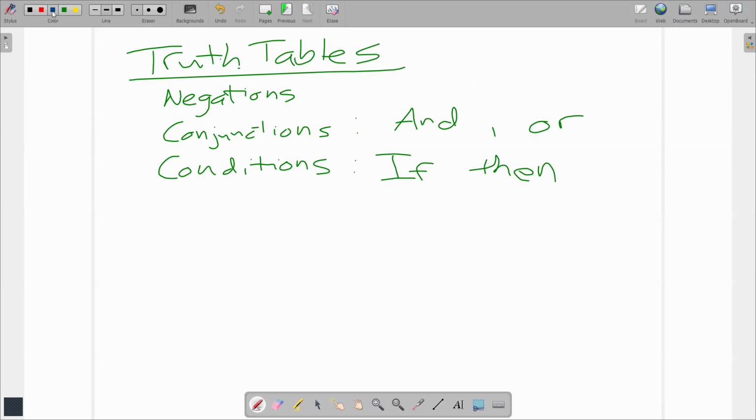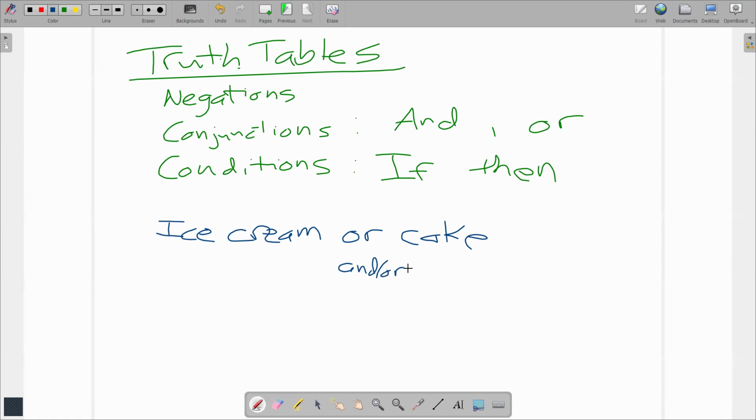All right, so think about or for a second. In common language, you might get things like you can have ice cream or cake. So if my mom said that to me, I was like, oh, fine, I got to pick one. But in math, an or really means and/or.